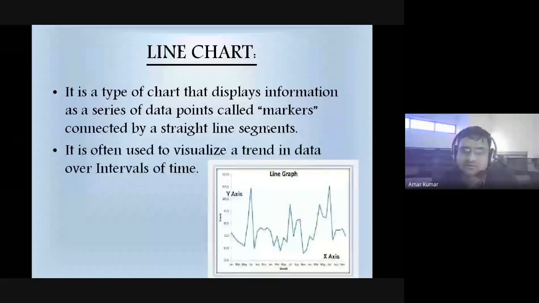Suppose today the stock price of a certain share is 200. Tomorrow it will be 199. The day after tomorrow it will be 192. So we can say a line graph is basically used for data which is changing over a certain interval of time or changing frequently.